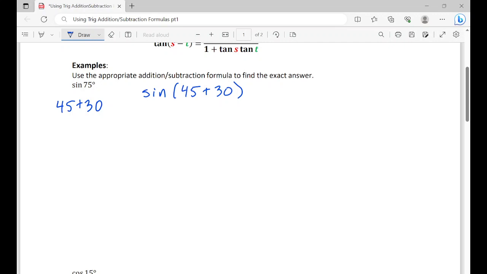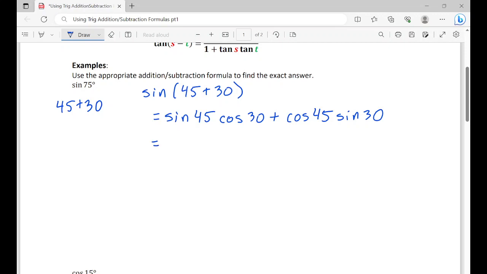And when I do that, using the sum formula for sine, I'm going to get sine of 45 cosine of 30 plus cosine of 45 sine of 30.